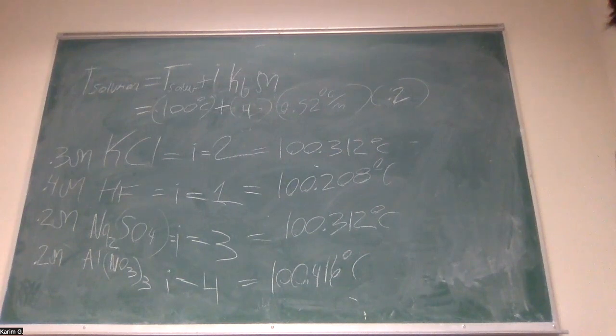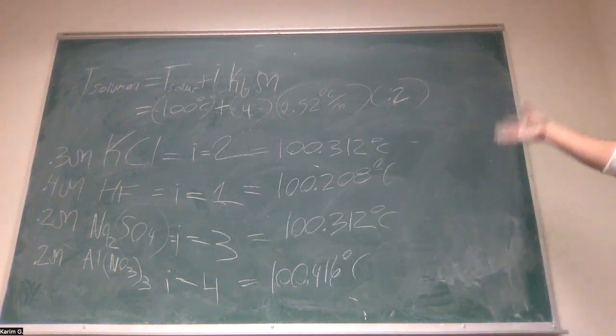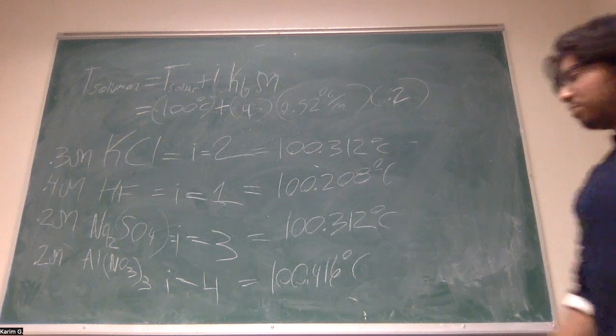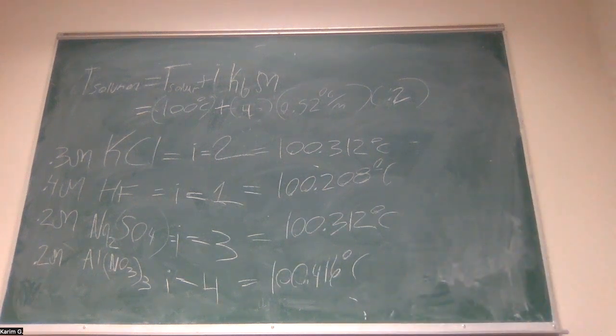So the highest boiling point would be aluminum nitrate because, taking everything into consideration, it'll give you a boiling point of 100.416. Yes, so that'll be your answer. I know it's tedious. I know.